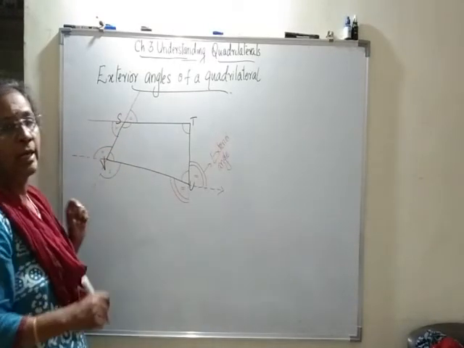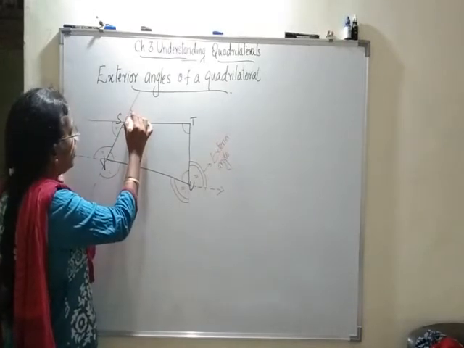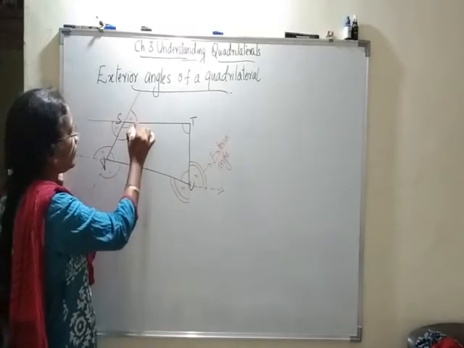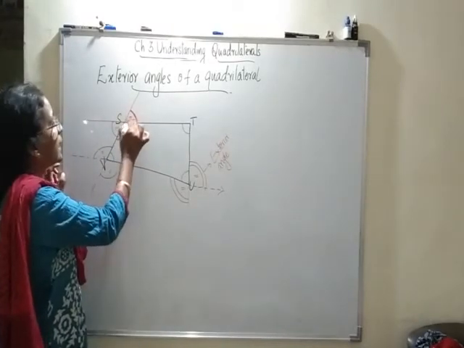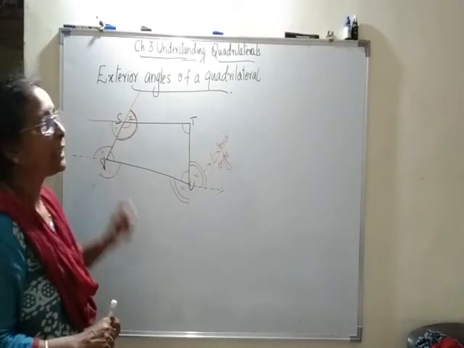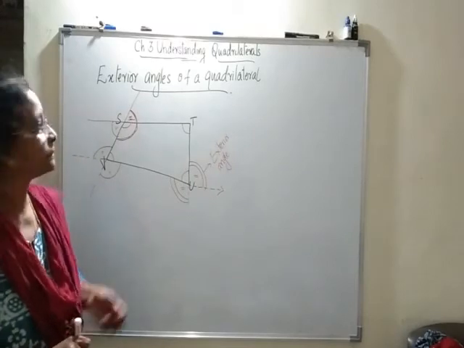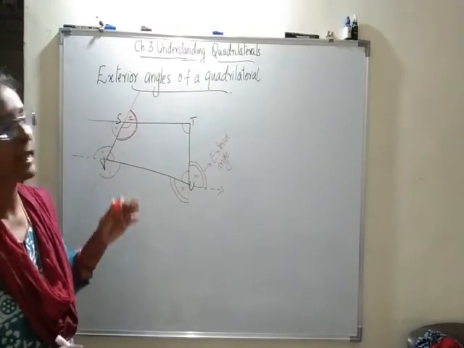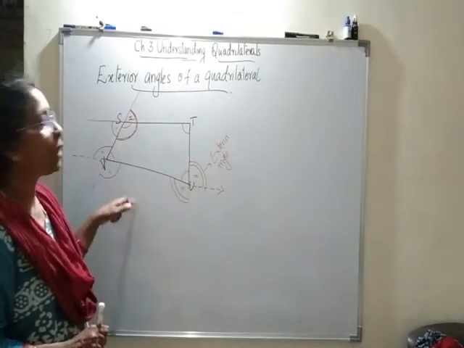There is one more relation. If you see this full angle, one exterior angle and its interior angle, together it will form 180 degrees. So the properties all together we will learn, but you should know what are exterior angles and how many exterior angles there will be for a quadrilateral.